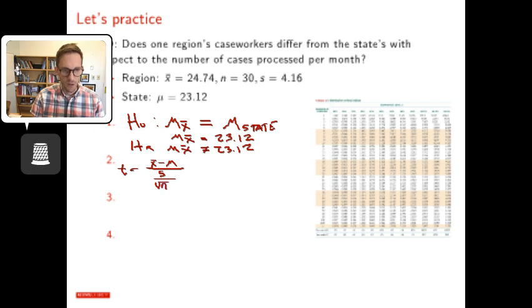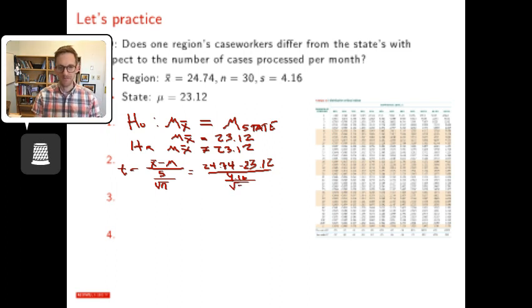So we would do 24.74 minus 23.12 over 4.16 divided by the square root of our sample size, or 30. If you work out all that calculation, I get 2.13. That is my test statistic.